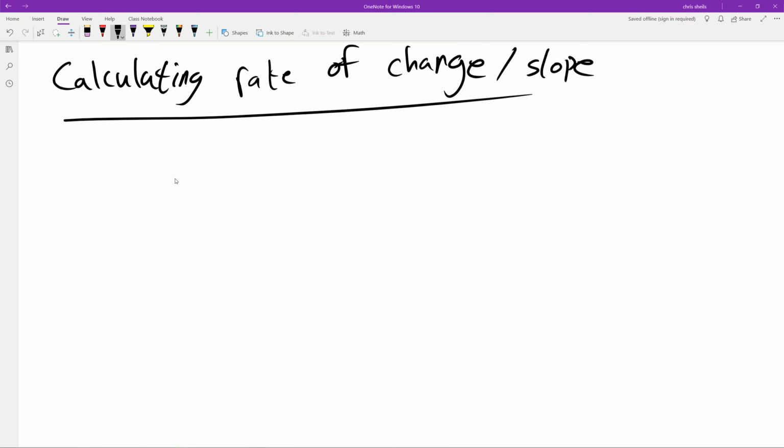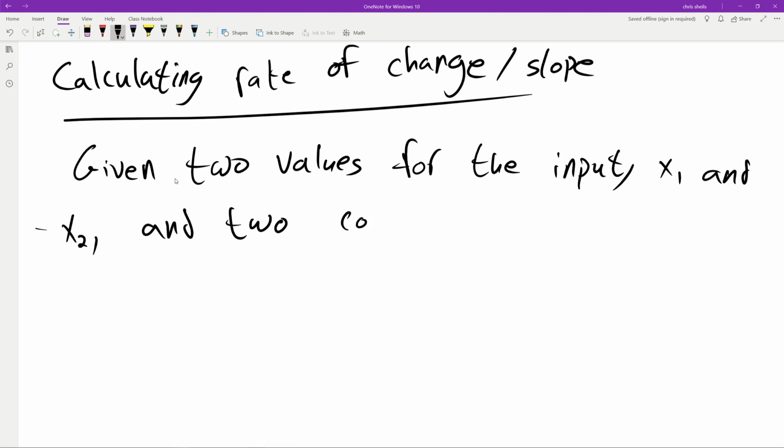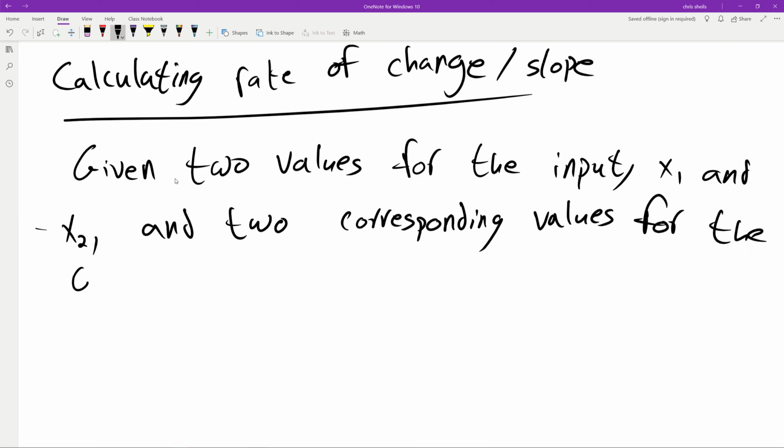So if I'm given two values for the input, x1 and x2, and two corresponding values for the output, which we can call y1 and y2.